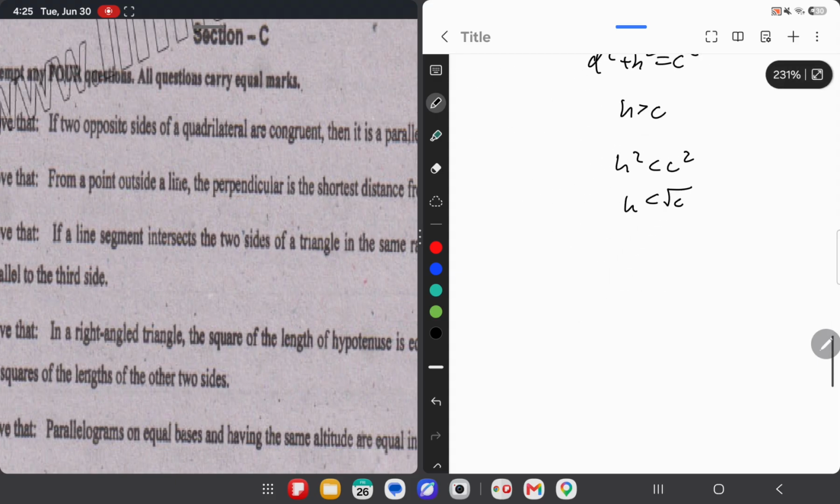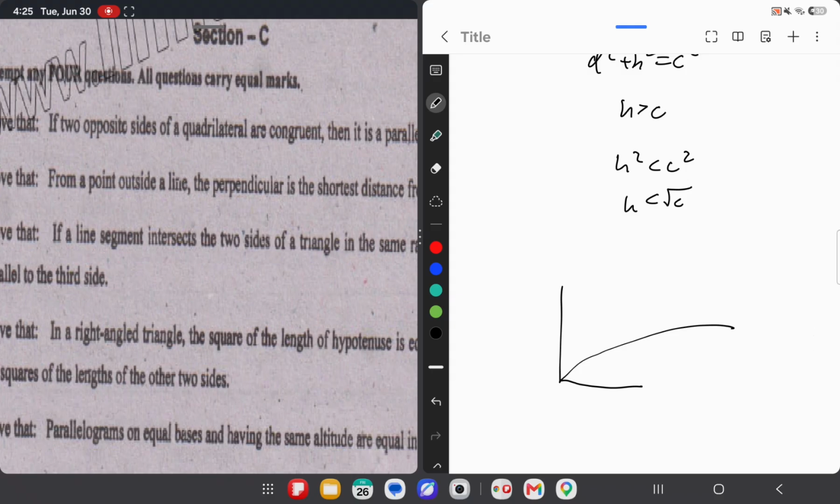Let's look at it this way. The graph of y is the square root of x. It cannot go negative, right? So that's that.